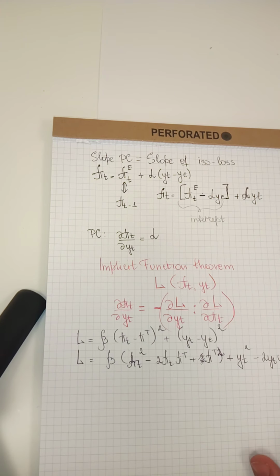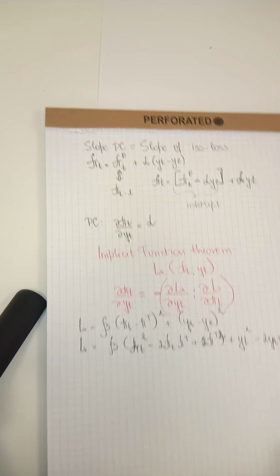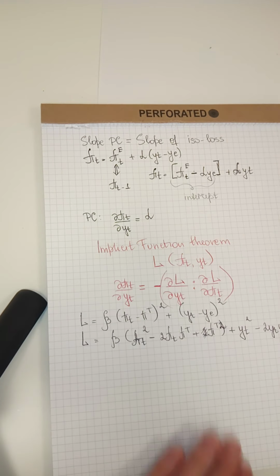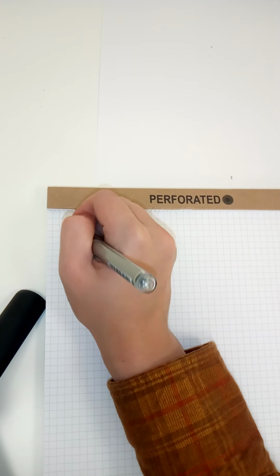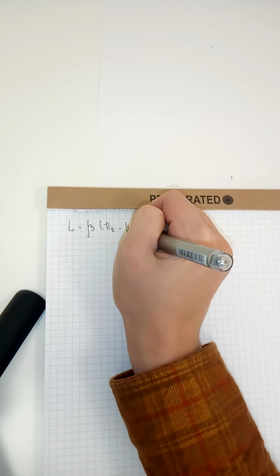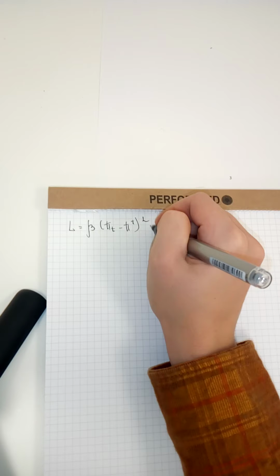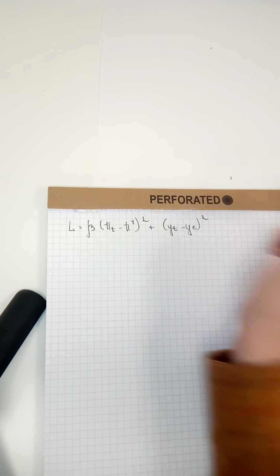Okay, it's not visible already at this point. Let me just rewrite this. Again, the monetary rule was represented by beta times pi t minus pi tau squared plus yt minus ye squared.